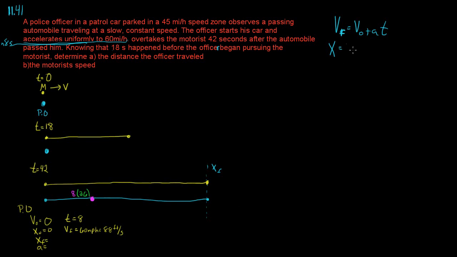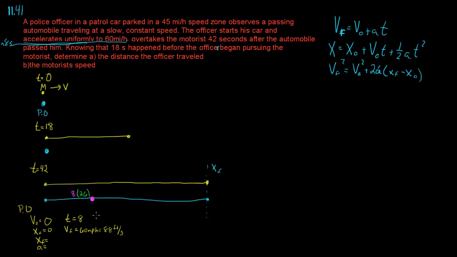The final position equals an initial position plus initial velocity times time plus 1/2 a t squared. And final velocity squared is equal to initial velocity squared plus 2 times the acceleration times x final minus x initial. These are kinematic equations for constant acceleration.